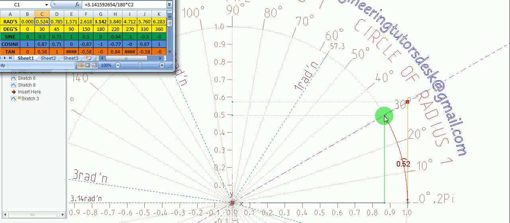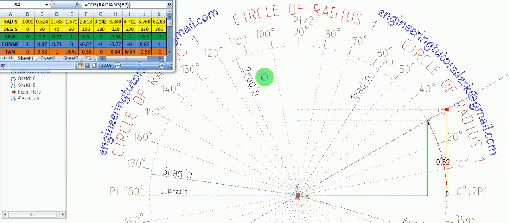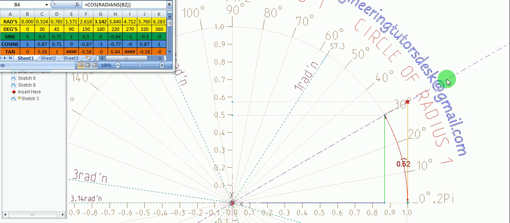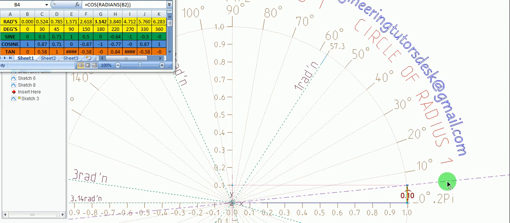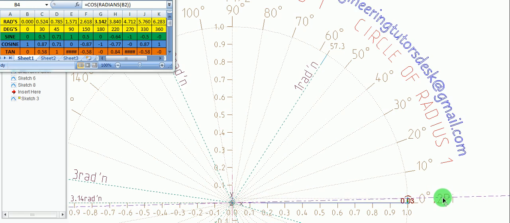Let us consider the next example, say 0 degrees or 0 radians. The sine is 0, tan is 0 and cosine is 1, which means when we are at 0 degrees, the cosine will take the value equal to the radius of the circle, and radius is equal to 1 for a unit circle.